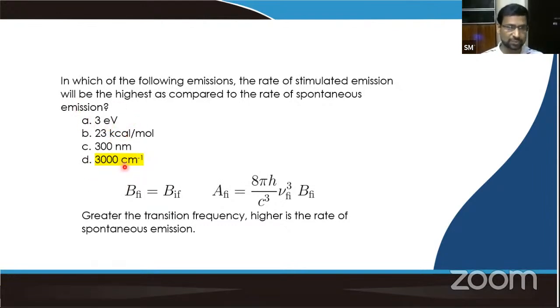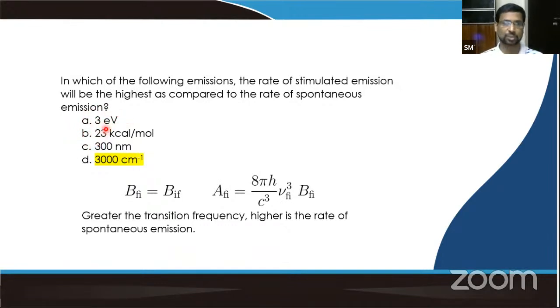You see that all these four quantities are given in four different energy units. So you have to convert them to any one of these energy units so that you can compare them one to one.